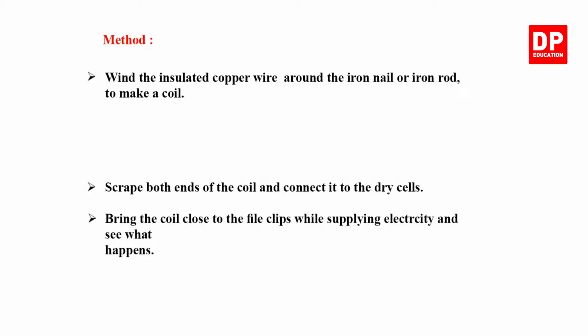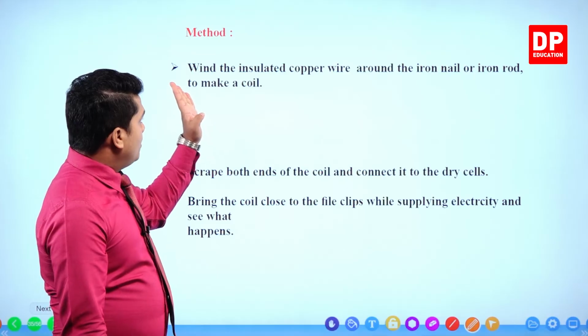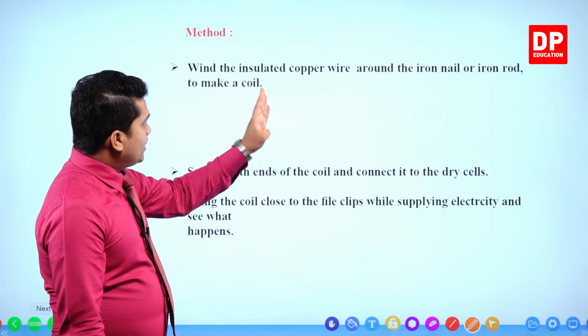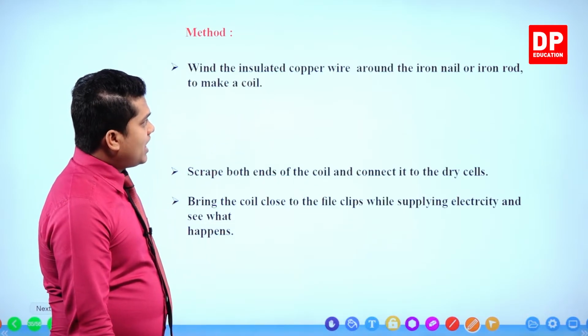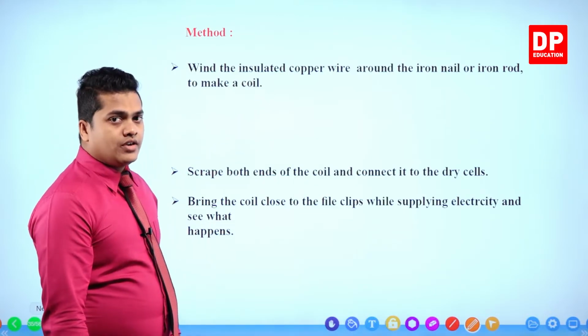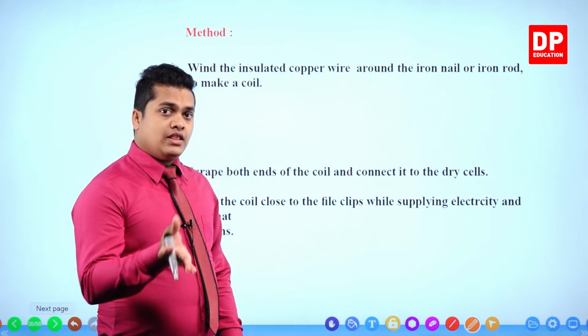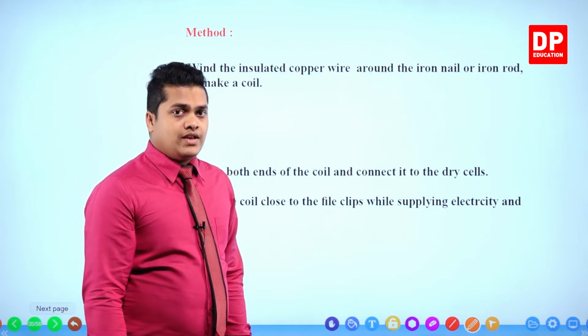Now let's see what the method is. First of all, wind the insulated copper wire around the iron nail or iron rod. If you don't have an iron nail, then you can use a piece of iron rod as well.